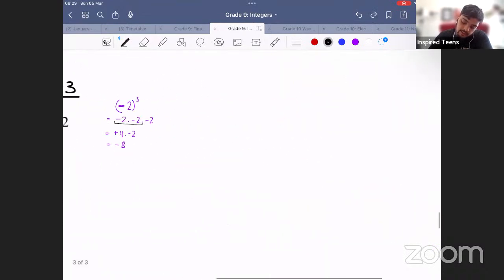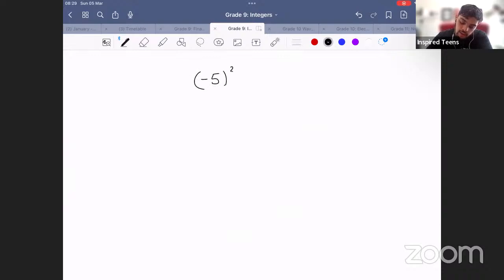Now, please note that there's a big difference between negative 5 squared with brackets and negative 5 squared without. If you put the top one in your calculator, it's going to give you positive 25.